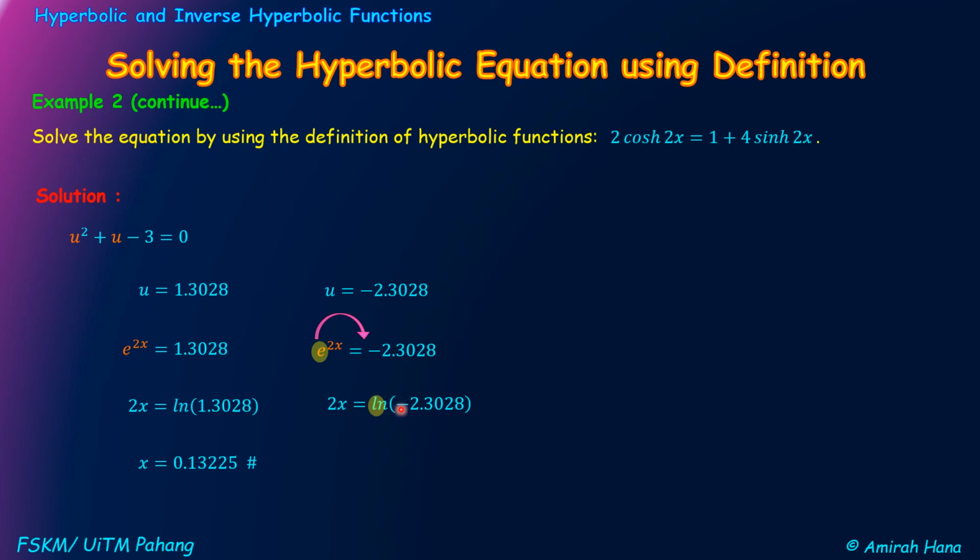So when an error is divided by 2, it still gives an error. The calculator screen will display a math error. So we can write undefined, which means no solution. Okay? So in this case, we only have one value of x. It is 0.13225 up to 5 decimal places.